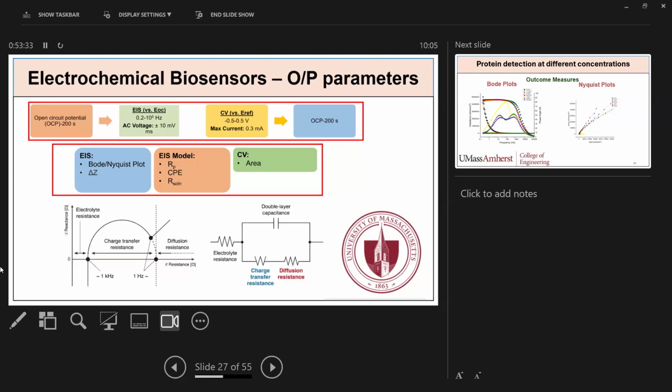And from the model I use, I am getting polarization resistance, constant phase element, solution resistance, and from CV, I'm getting the area. So you can imagine how many parameters I am getting just for one particular protein. And I am going to do that particular protein in triplicates, right? I would say more than 10 output parameters I receive from a single electrochemical study.